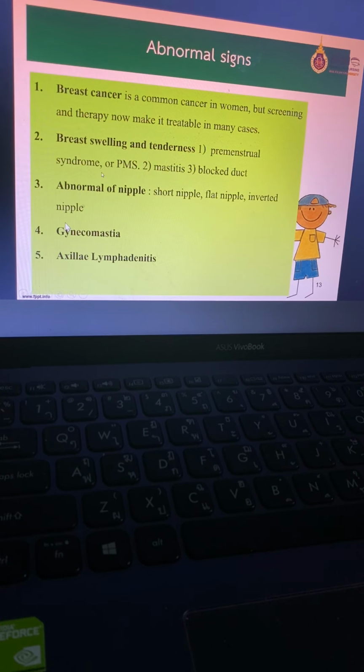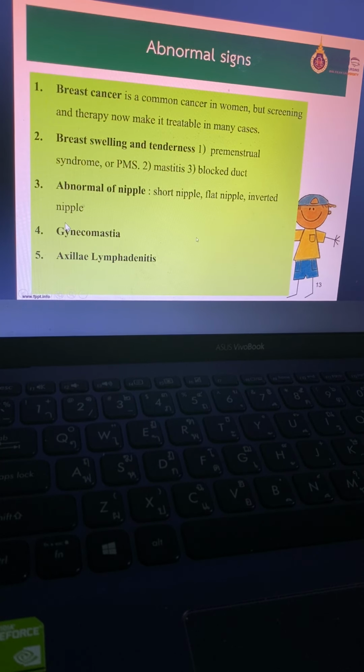The second abnormal sign is breast swelling and tenderness, which occurs in premenstrual syndrome, PMS, or mastitis, with breast swelling, tenderness, breathlessness, and blood milk. Then abnormal nipple, for example short nipple, flat nipple, or inverted nipple.